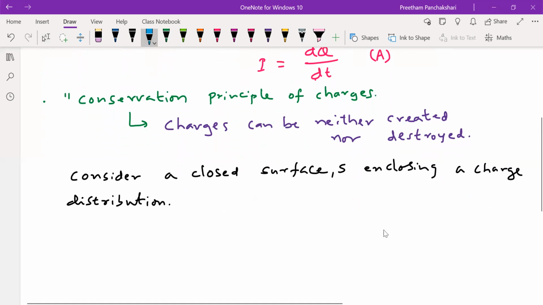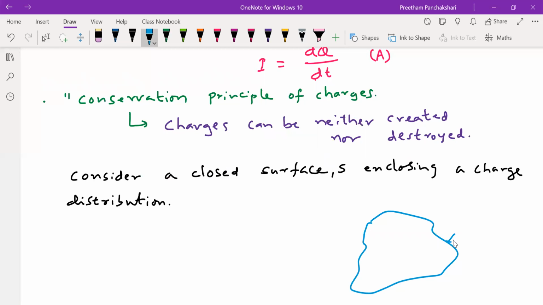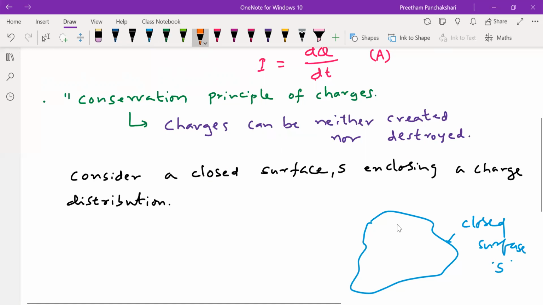So now I have assumed a closed surface S. And as I said, we can think of a charge distribution present within the surface and let rho v be the volume charge density of the charge distribution within the closed surface. This is the volume charge.